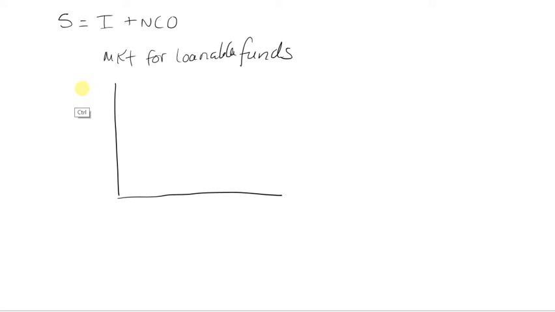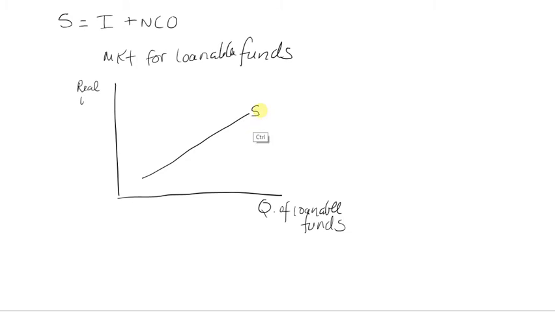Where here we have the real interest rate, right? So on the y-axis, real interest rate, and on the x-axis, the quantity of loanable funds. So now, the supply of loanable funds is going to come from savings, from national savings, okay?